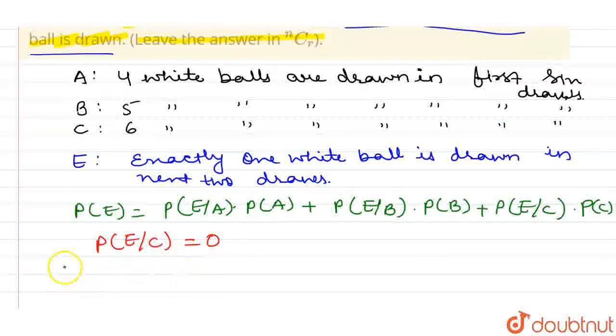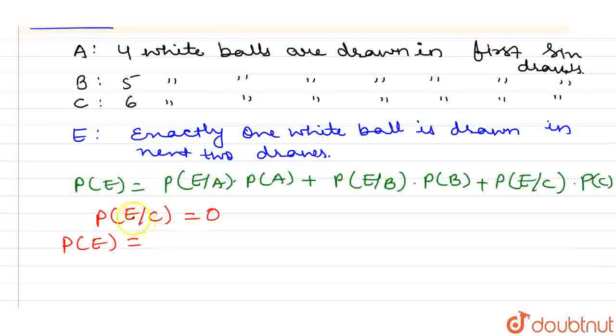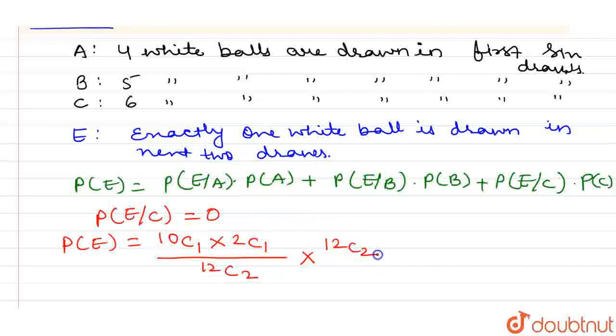Then P(E) equals P(E/A). Here it is said 12 red balls and 6 white balls. So P(E/A) is 10C1, because out of 10 balls I have to pick one red, into 2C1, upon the total balls 12 plus 10 plus 2, that is 12C2, into the probability of A. Probability of A is 12C2 into 6C4 upon the total number of balls, 12 plus 6 is 18C(2+4), that is 18C6.